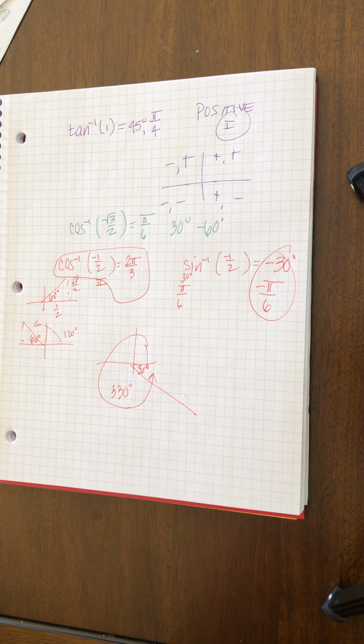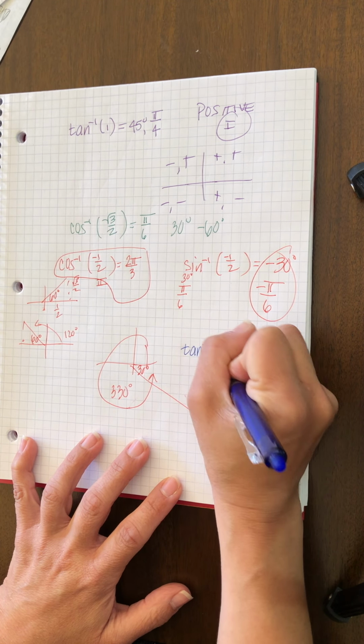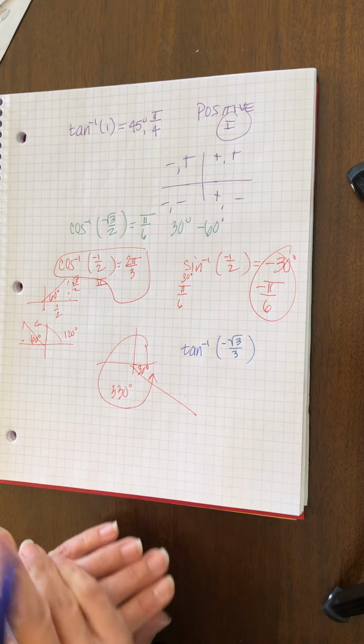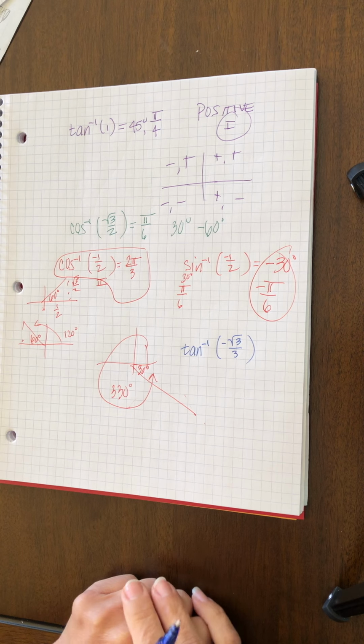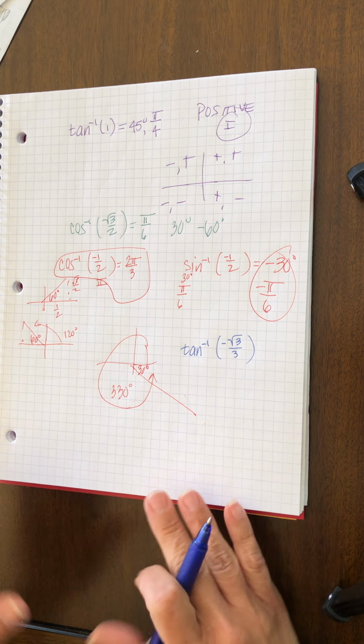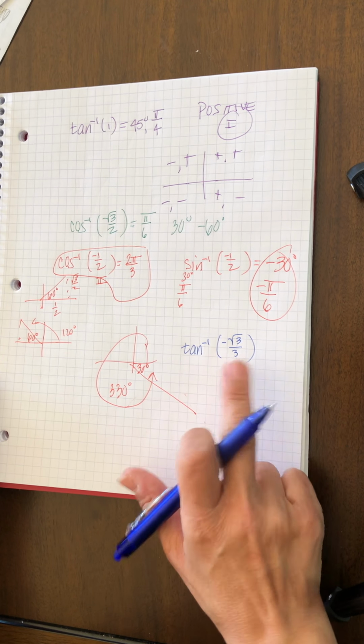So let's do another one. Let's practice with those negatives. Let's do the inverse tangent of negative root 3 over 3. So I'm sorry I keep flipping the notebook, but I couldn't fit it all on one page. So inverse tangent, where is the tangent allowed to be negative?